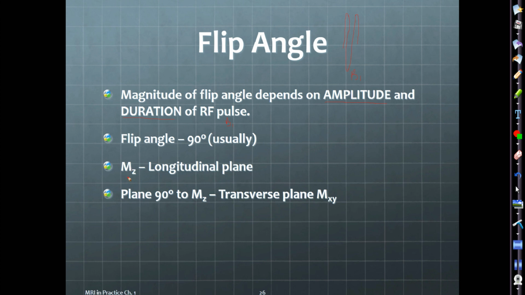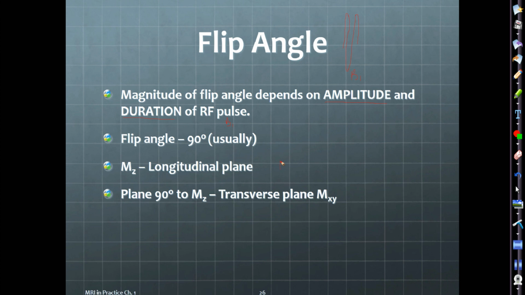All right? So let's talk about that coordinate system once again. M sub z, that's our longitudinal plane. Is that parallel or perpendicular to B sub 0? What do we think?